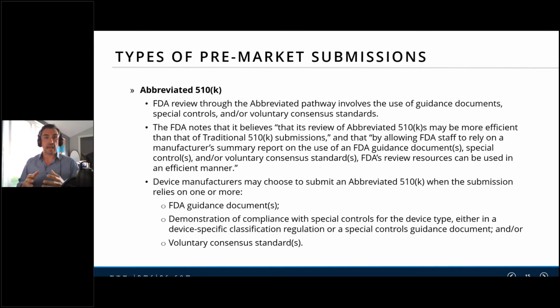FDA already has guidance documents, or they're building guidance documents, on how to evaluate this particular category of device. So by allowing the FDA staff to rely on a manufacturer summary report on the use of FDA guidance documents, special controls, and voluntary consensus standards, FDA review resources can be used in an efficient manner. So these things are supposed to be faster to approve than a traditional 510K.